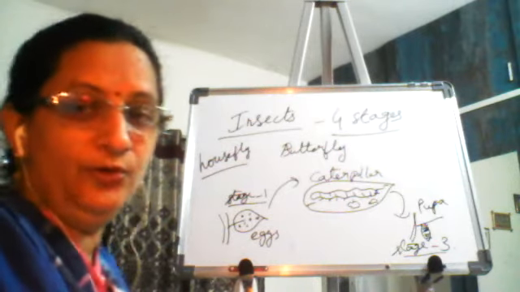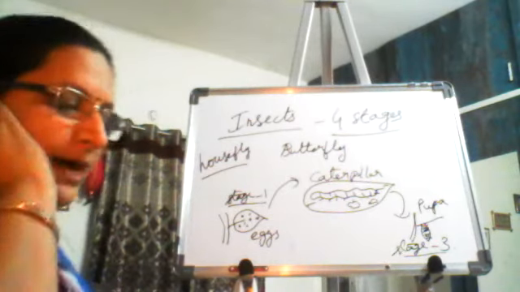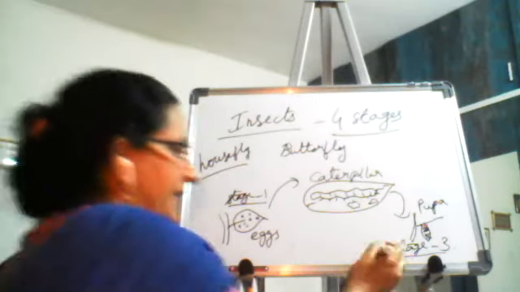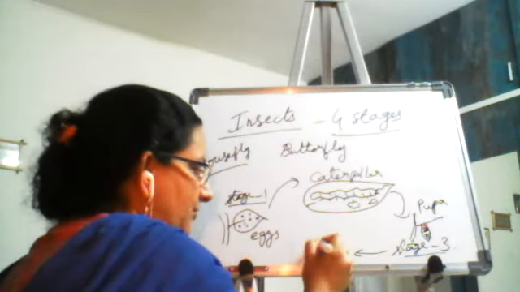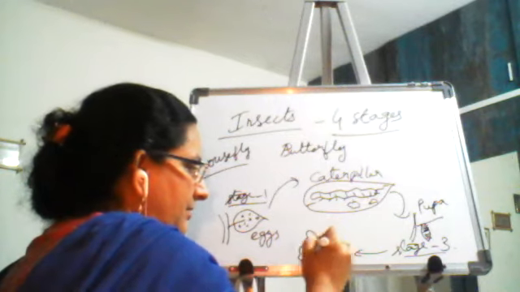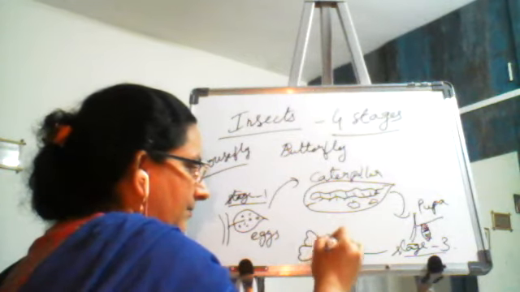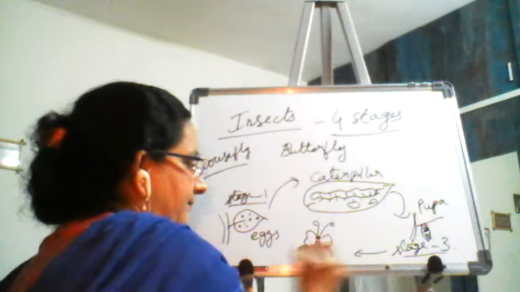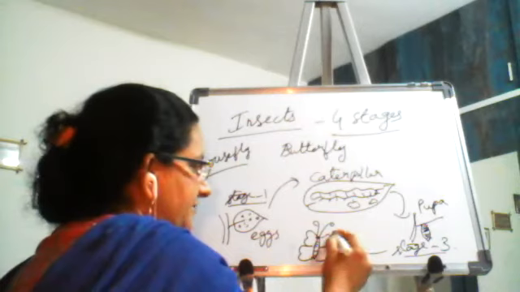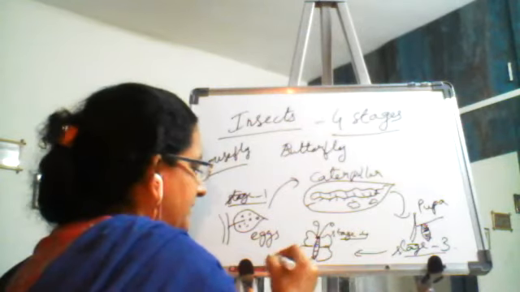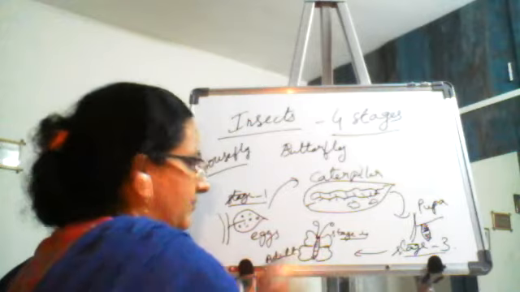That is the cocoon of the pupa, and inside the worm is developing. And finally the stage 4, what will you see? You will see the beautiful butterfly. This is stage 4, and you call it the adult butterfly.